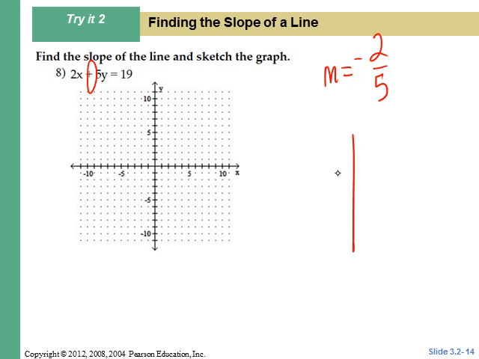And then if you graph intercepts, if x is 0, y is 19/5. If y is 0, x is 19/2. Okay, so over 0, 19/5 is almost 4. A little bit less than 4. 19/2 is a little bit less than 10. So our line will look something like that.